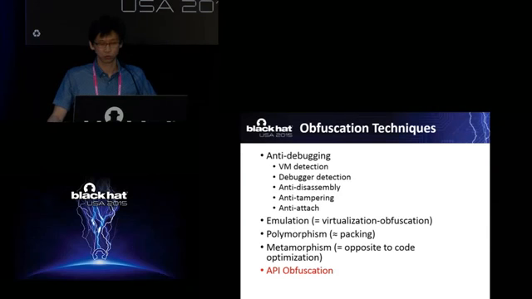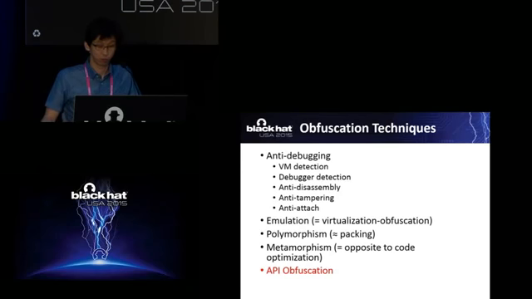Modern packers use various obfuscation techniques. They use anti-debugging, for example, VM detection, debugger detection, anti-disassembly, anti-tampering, anti-debugger attach, and they often use virtualization obfuscation to lengthen the dynamic instruction trace.